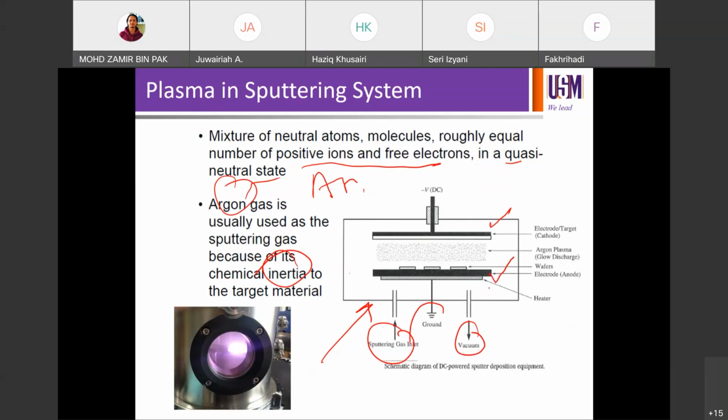These are our electrodes. That is your plasma, Ar plus in between the electrodes. So this is DC sputtering, DC powered, a direct current sputtering process.